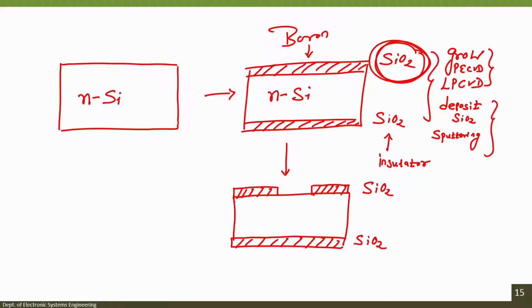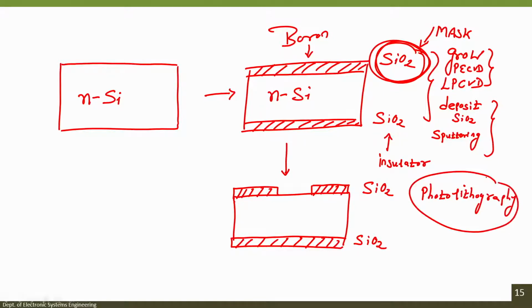Silicon dioxide acts as a mask, a mask to prevent boron from passing through it, and that is why we have to remove silicon dioxide using photolithography. We will see what photolithography is, do not worry about it right now. So, I have created a window.